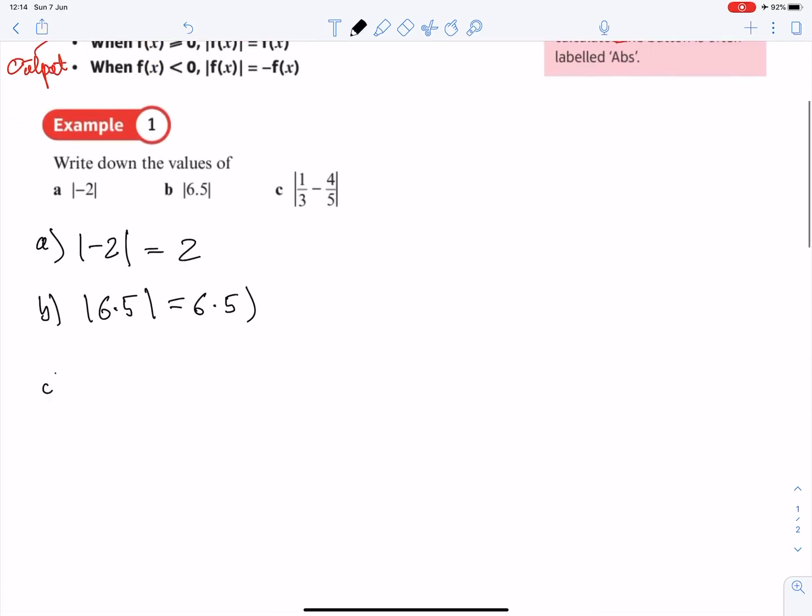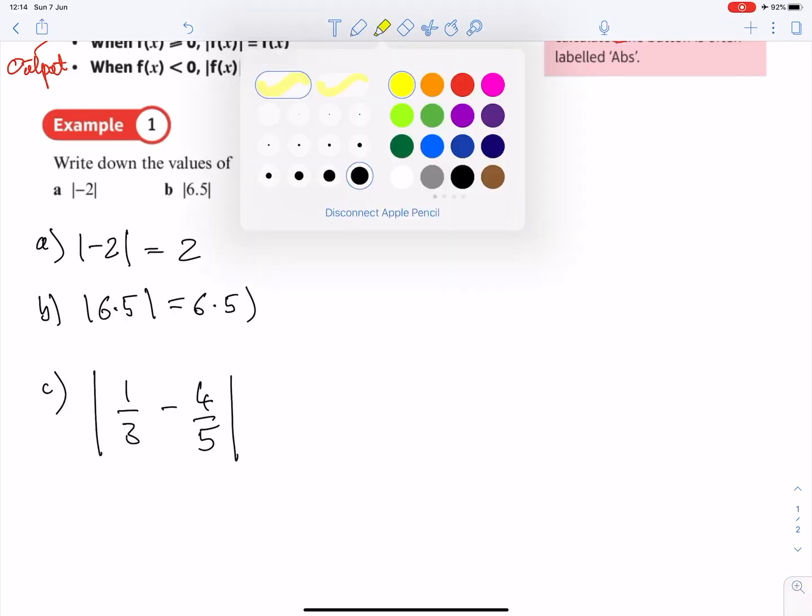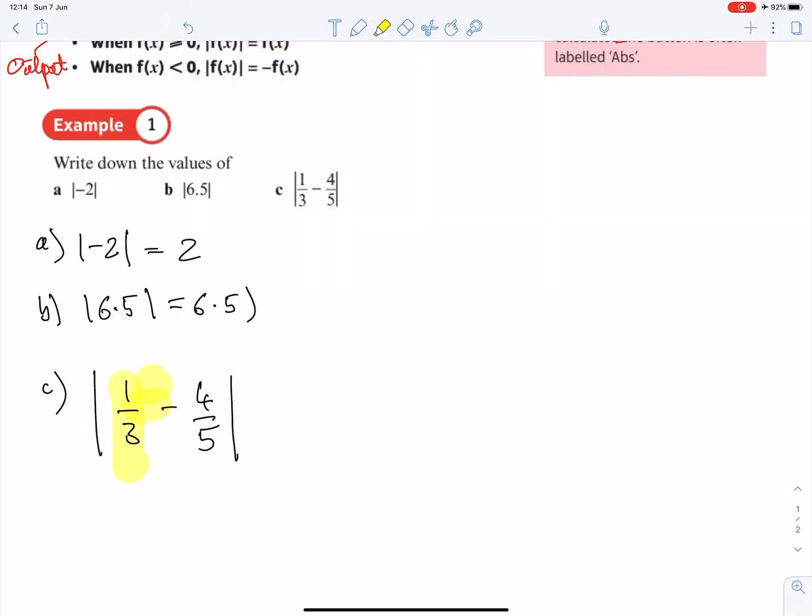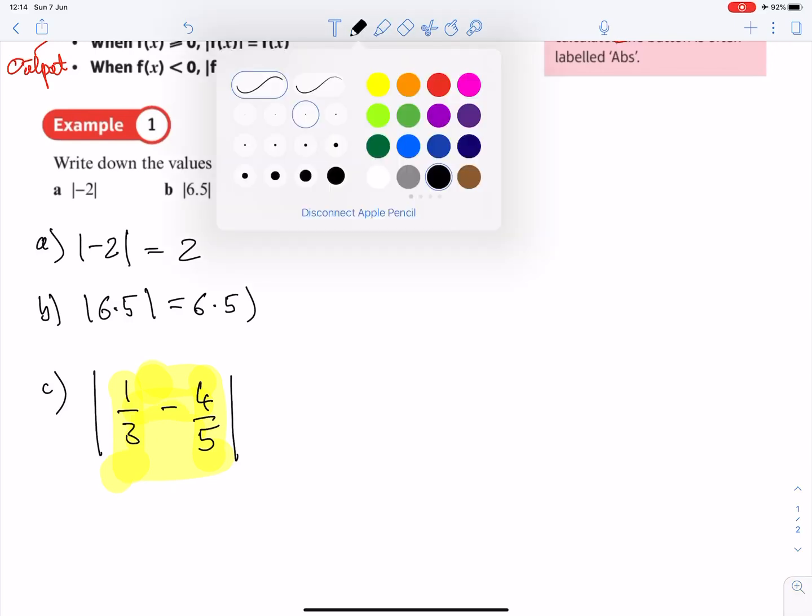Part C, we want the modulus of a third take away 4/5. The modulus sign here is a bit like brackets. We need to do this bit first before we apply the modulus sign.